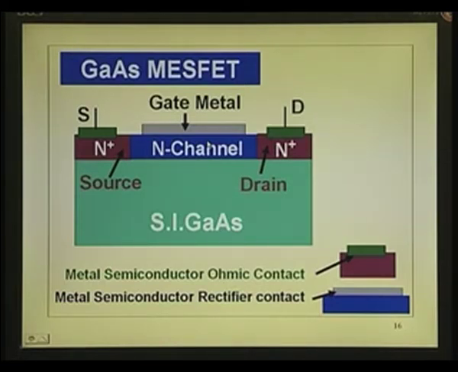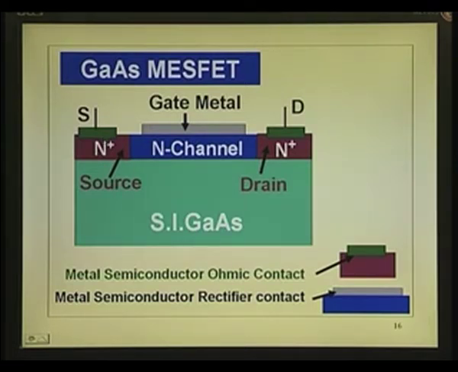So, you have 3 metals on the surface, 2 of them behaving differently compared to that one. What is the difference? This metal and this metal with the N plus contact are making ohmic contact. You have the IV characteristics vertically.